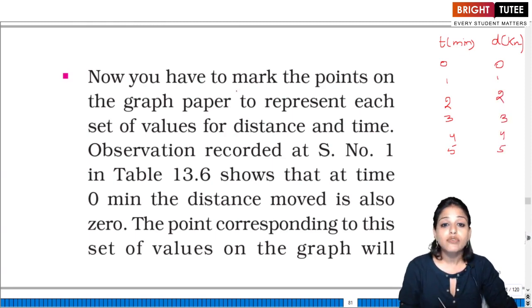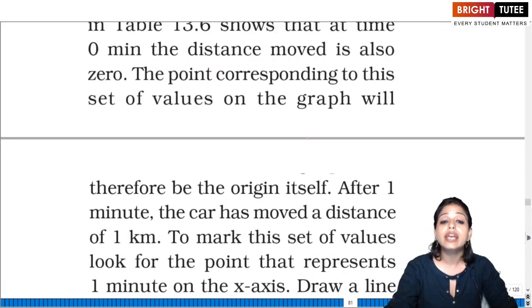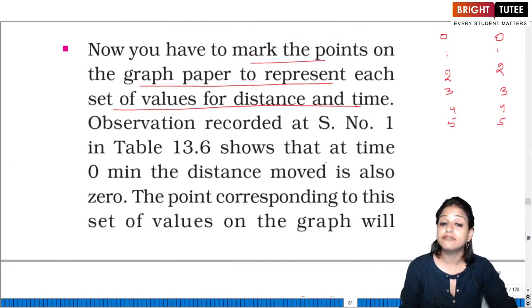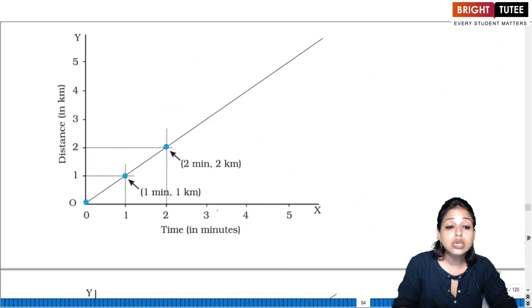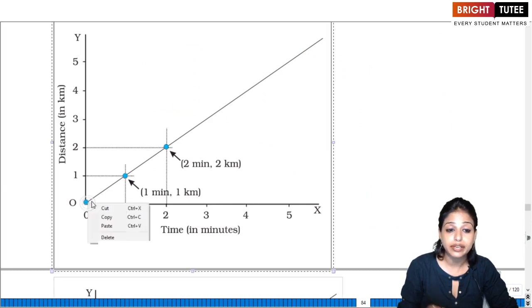So we have to mark the points on the graph paper to represent the set of values for the distance and the time. Now the observation recorded should be according to the table we have shown. So let us see, at 0 minutes, the distance moved was also 0. So the corresponding point on the graph will be what? It will be 0, 0 for my first point, right?